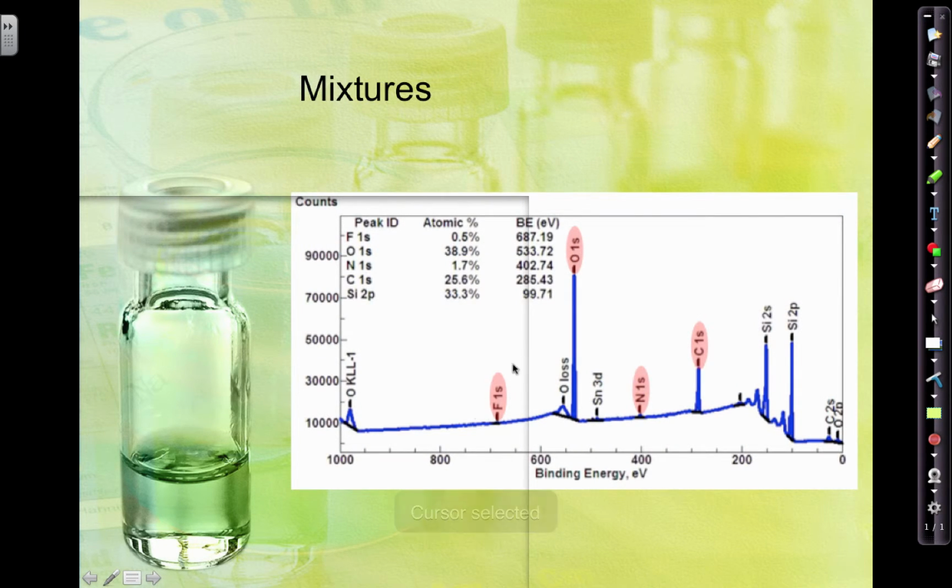All right, so this is a mixture, and in the mixture, I just want to point out a couple things. I don't think you're going to see this on the College Board test or AP test. Definitely not going to see it on my test, but just in case, let's talk about it really quick. So right here, you have 1s peaks for fluorine, oxygen, nitrogen and carbon.